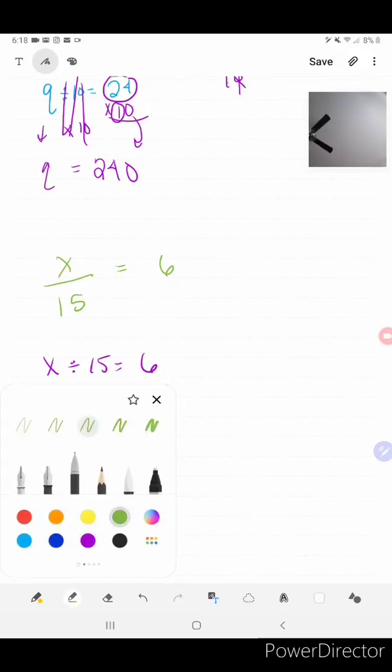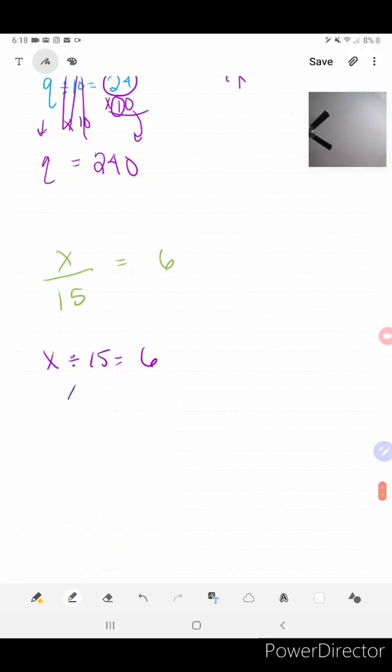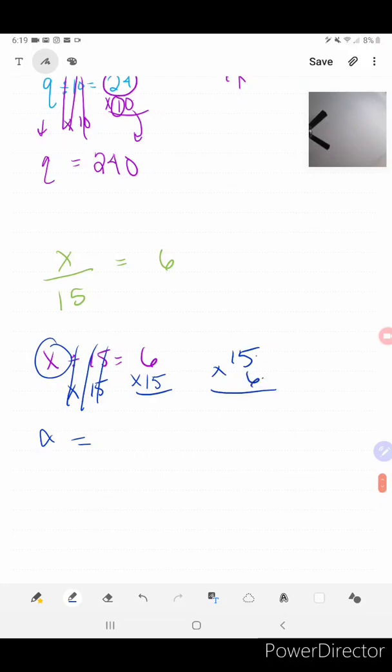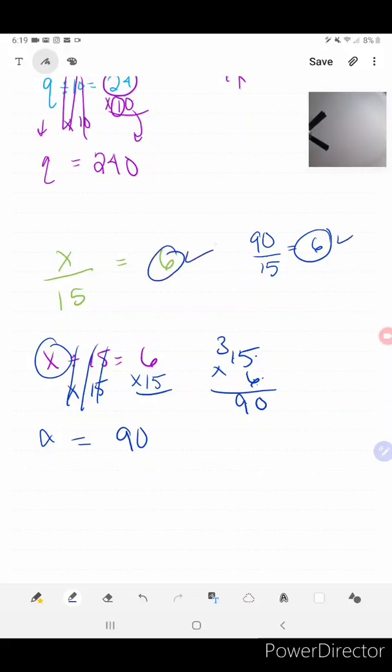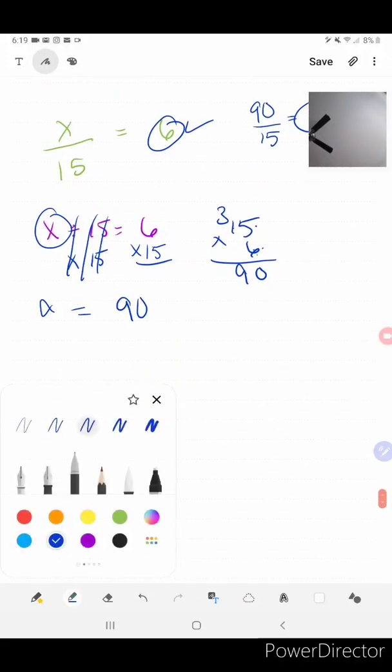So what is our opposite sign? Times 15. That cancels, and then times 15. X is by itself. 15 times 6. 6 times 5 is 30. 6 times 1 is 6. 6 plus 3 is 9. So 90. So this means 90 divided by 15 equals 6. Okay.